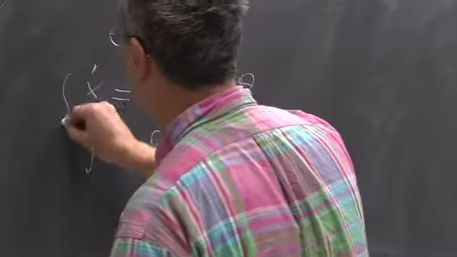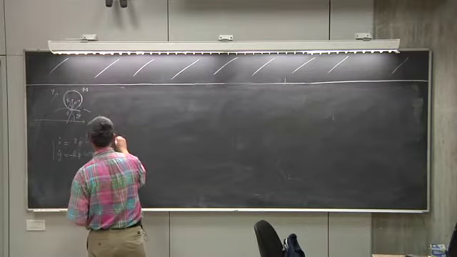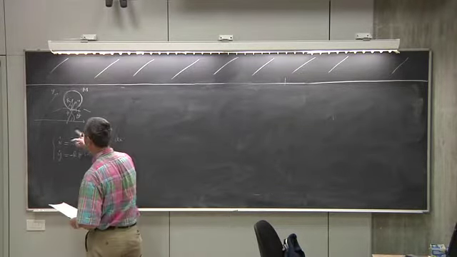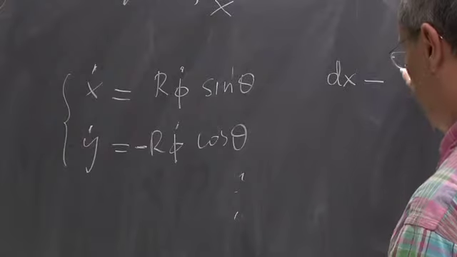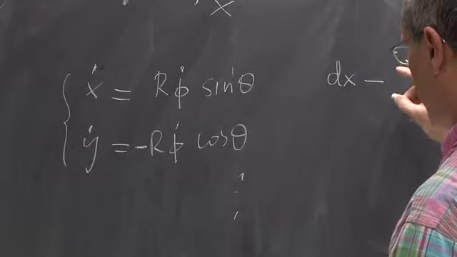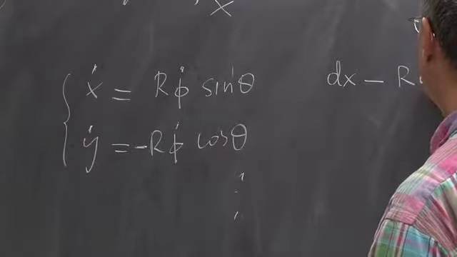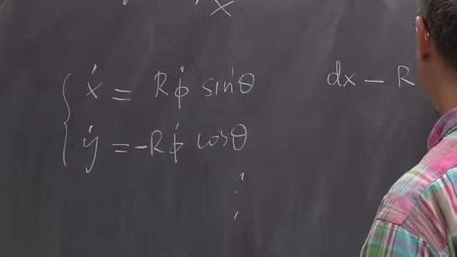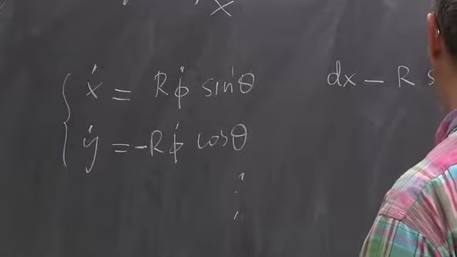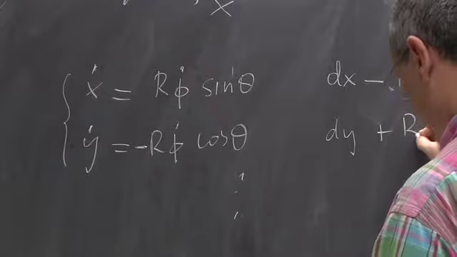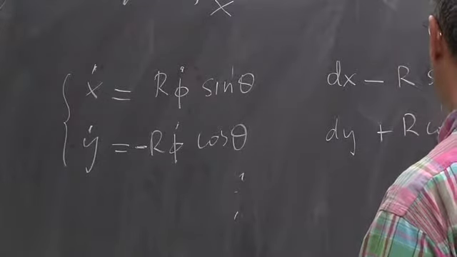You see now you have two of them. And I can write it in this differential form as I did before. By bringing everything to the other side, I have dx minus R sine theta d phi equal to 0. And then I have dy plus R cosine theta d phi.